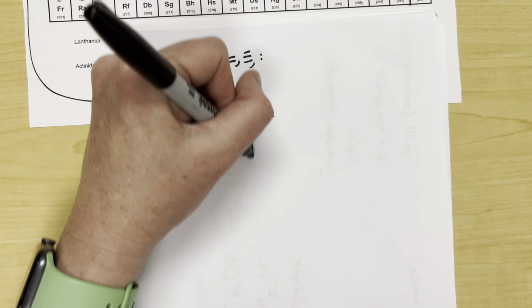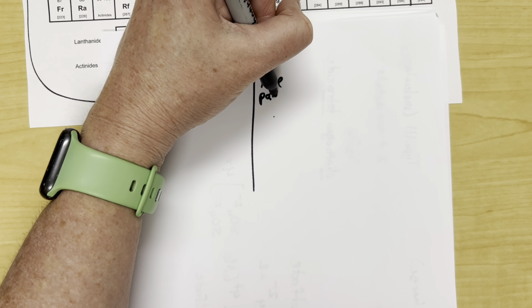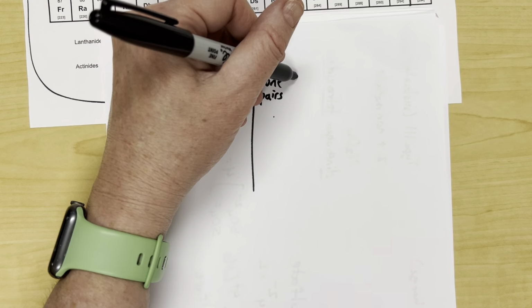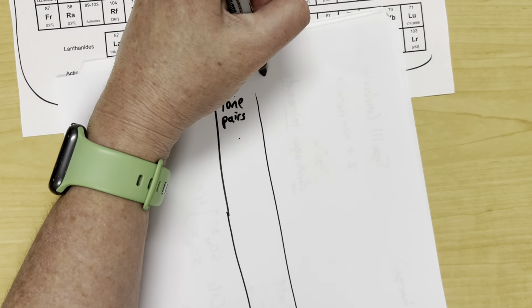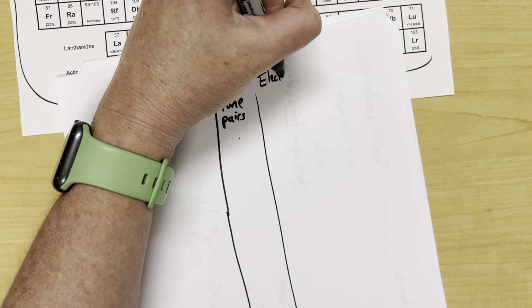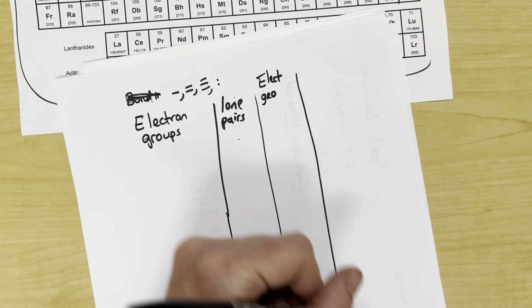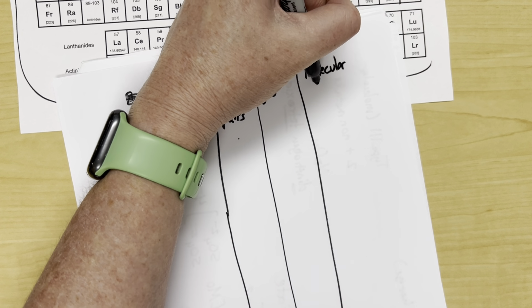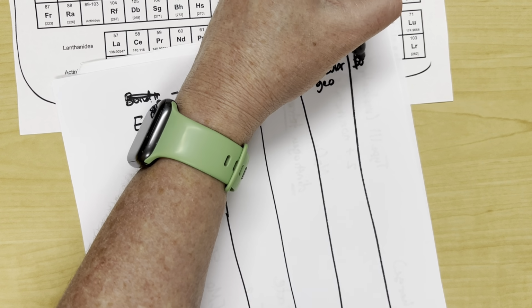Then we had lone pairs, so the amount of lone pairs something has. Then we said, based on that, we could tell its electron geometry, its molecular geometry, and its bond angle.